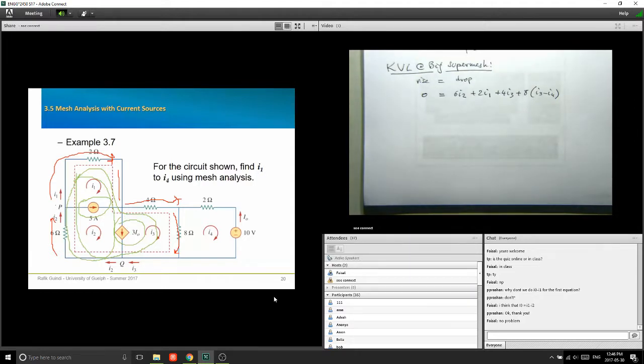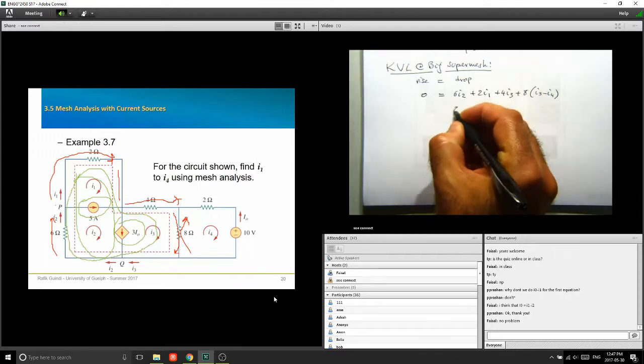Now I need to write 3 more equations because I have 4 unknowns. So first I'm going to write an equation by going around the 4th mesh. Okay, so I'm going to go like that. I have a drop, which is 8 times I4 minus I3.